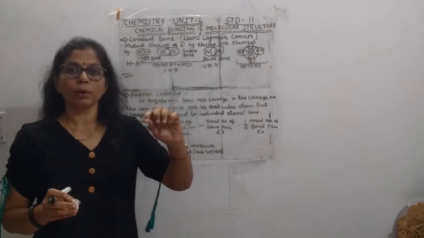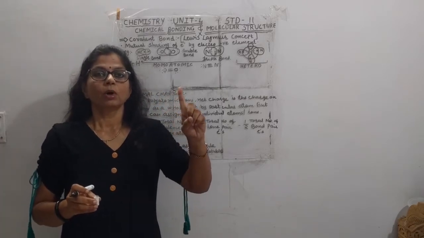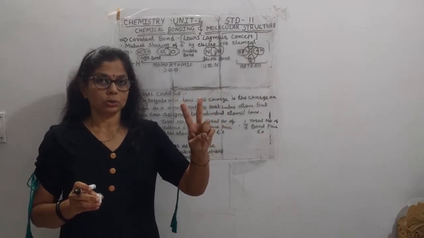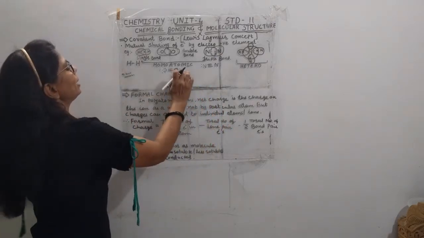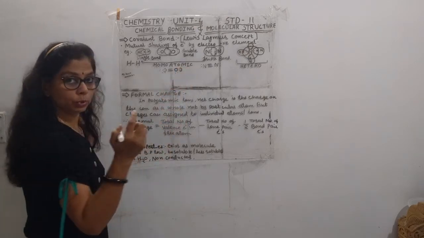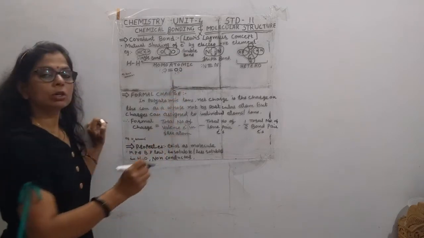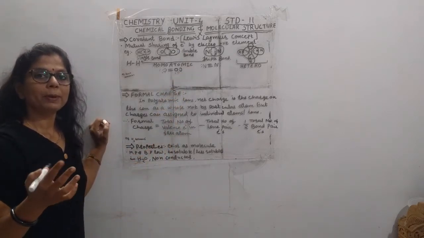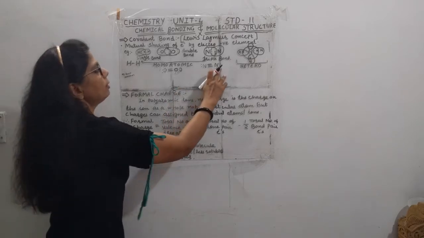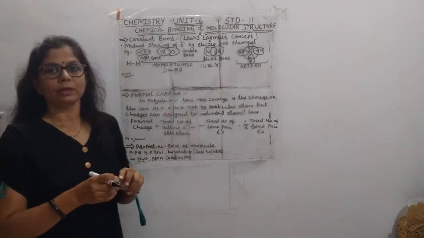When we are talking about a pair, student, we are talking about 2 electrons. So 2 lone pairs means this is one pair, consisting of 2 electrons, and this is another pair, consisting of 2 electrons. So 2 lone pairs means 4 electrons, and here the nitrogen has 1 lone pair, meaning it has 2 non-bonding electrons.